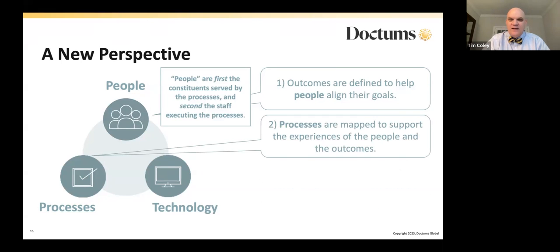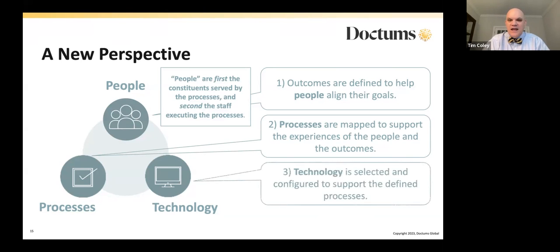All right. Then we think about how processes are mapped and really support those experiences of the recipients and the people who are being served, and also those folks who are executing the processes. We want to make sure that their experiences are considered. And then we want to think about technology and how it's configured to support the processes that are based on the experiences.